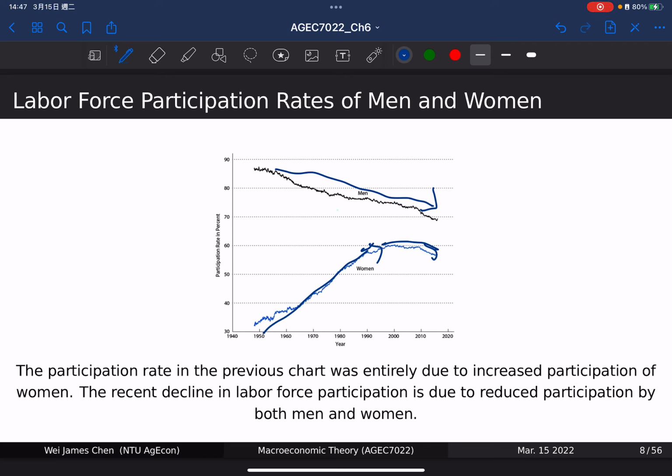More women were joining the labor force. In fact, the men were dropping out of the labor force, although the rate is not that high. So everything was due to women.